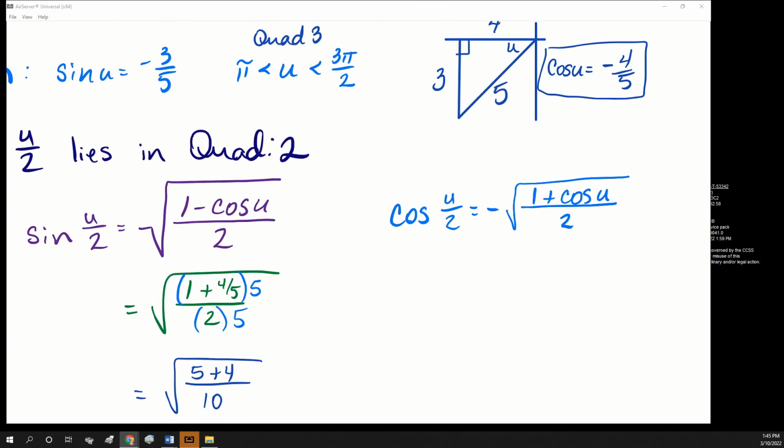All right. And just like the last problem, in the place of cosine of u, we are going to put in -4/5.